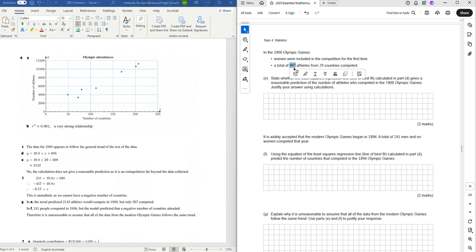It's trying to get you to state whether that's true. So you have y equals 49.8 times 29, the number of countries, plus 698, which tells us that 2,142 athletes should have competed. That is incorrect. So I'm putting the least squares regression line into question there already.